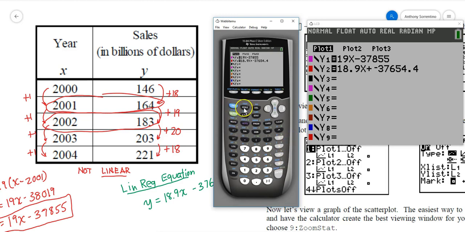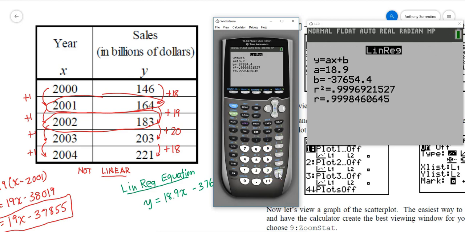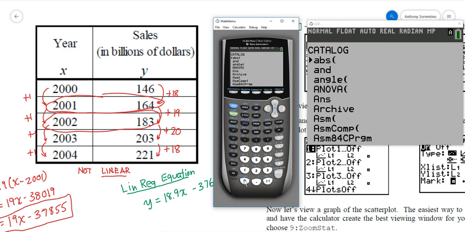Also, getting back to what was produced when I did that, these R values. This R value is also a strength of the correlation between them. 0.999846 means that the points on my scatter plot are pretty close to being linear in the grand scheme of things. If the R and R squared are not showing up for you, go to second, hit the 0 for your catalog.